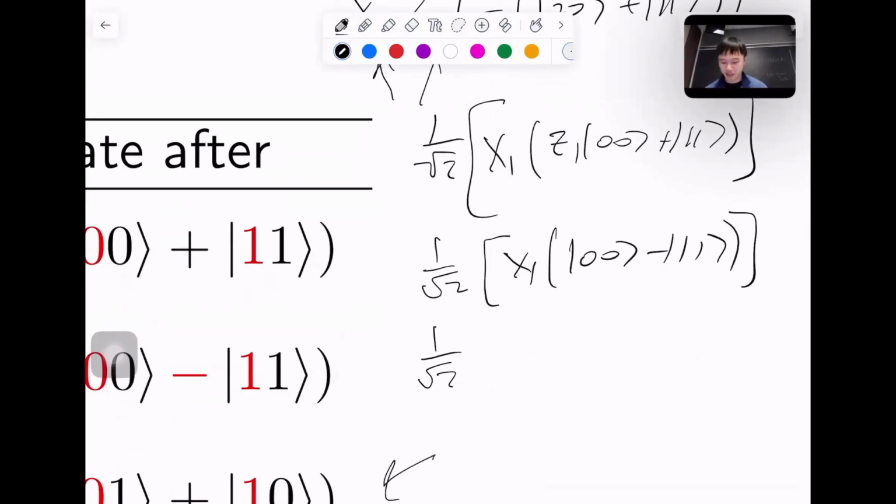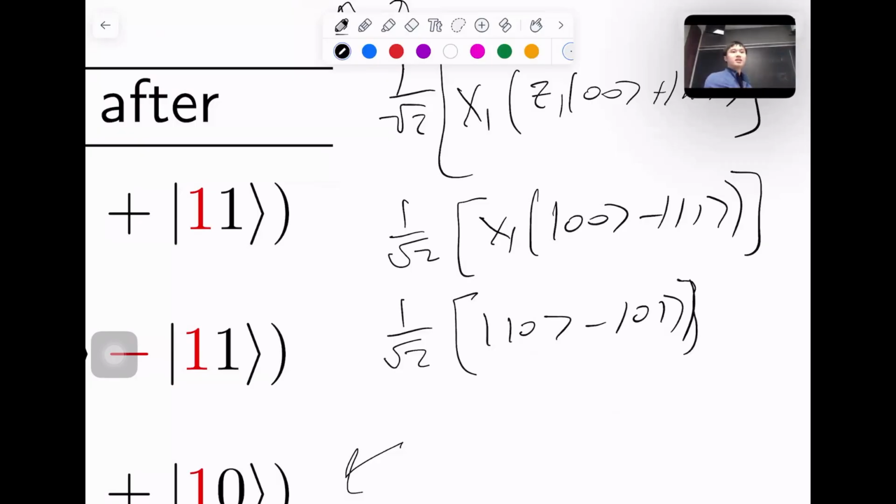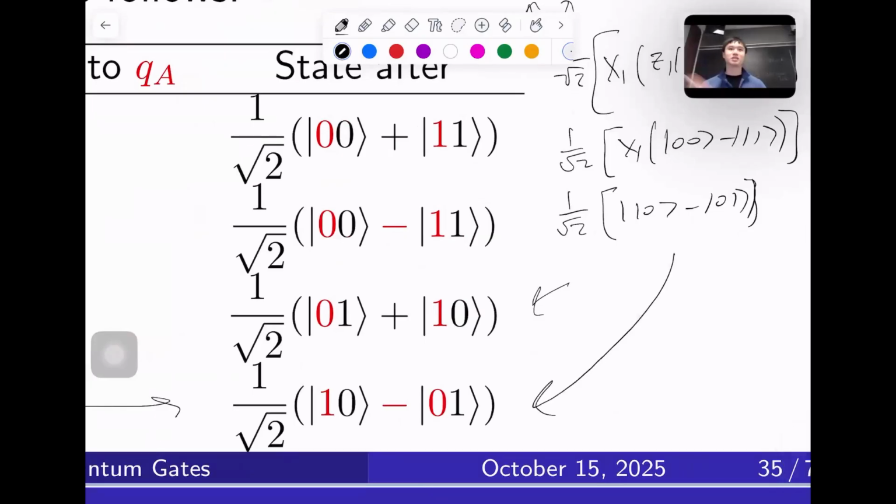Can anyone tell me what you get when you apply X? This bit will change, so if it's 0 it becomes 1. So you get this out. Does everybody get that? And then you can verify this is the state we claimed it was going to be. Okay.